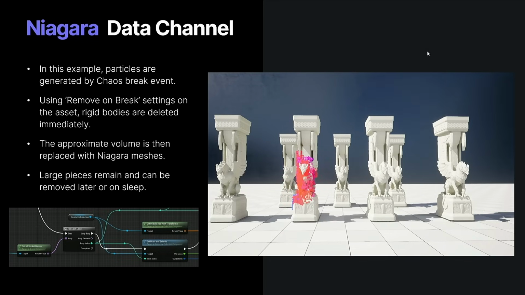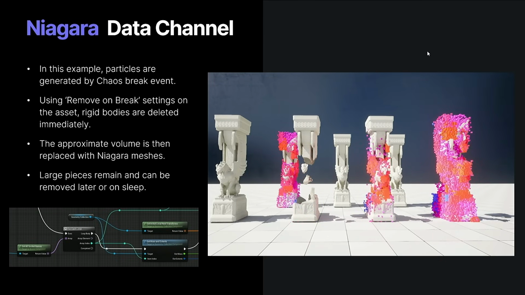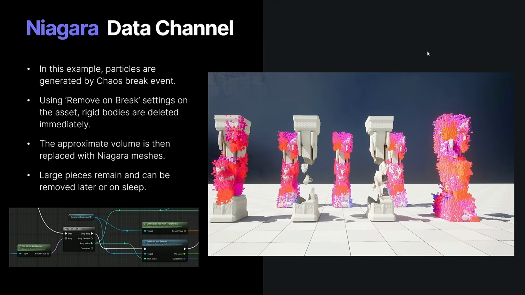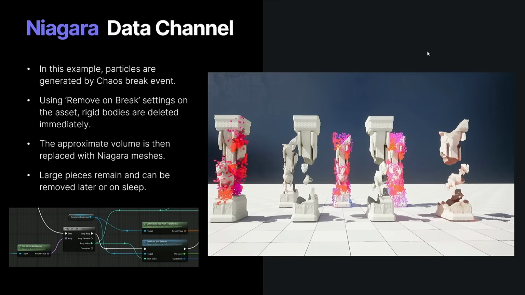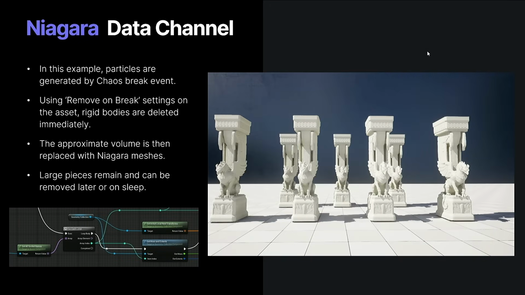But down here at the bottom, you can see in our construction script, we're getting all the data that we can get from the geometry collection and storing it into a struct. So we're getting the ID, the volume, the mass, just everything we can possibly think of, the transforms.